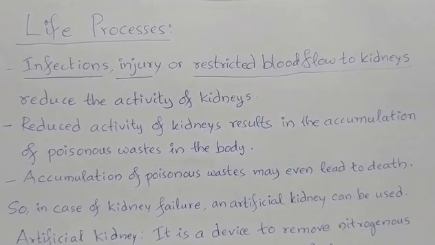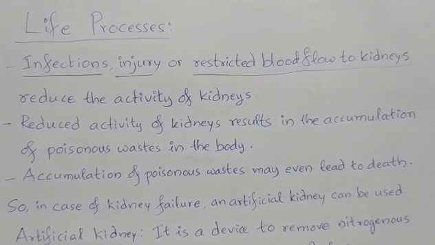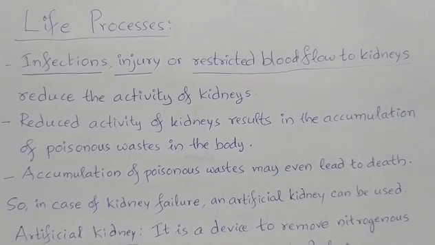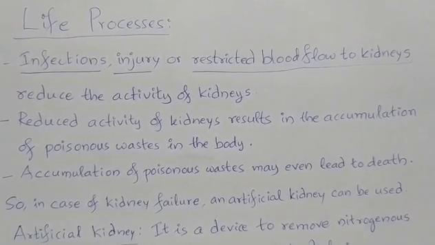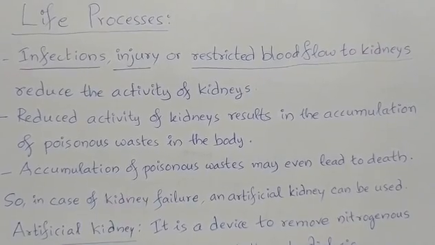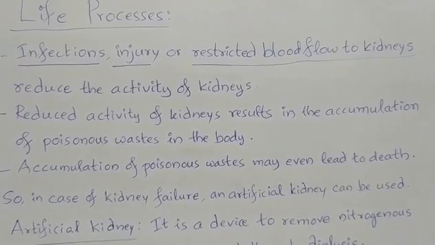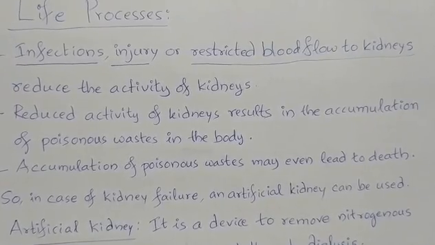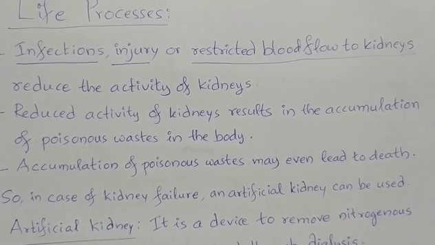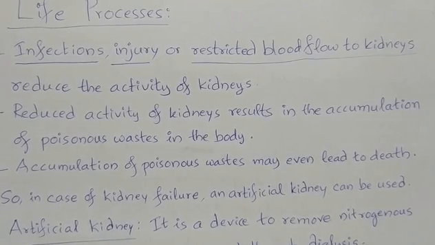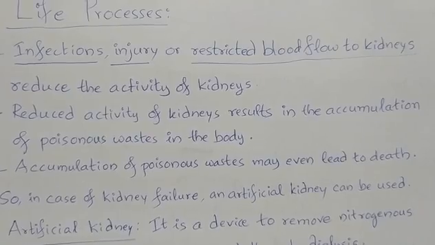So, when kidneys are not able to perform their function properly, or in case of kidney failure, an artificial kidney can be used to filter the nitrogenous wastes from the blood.